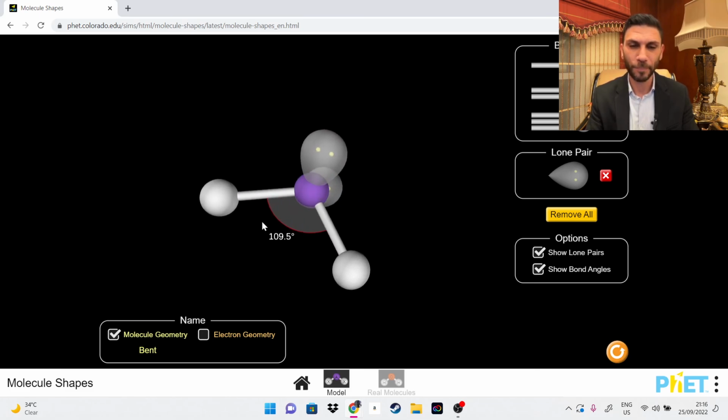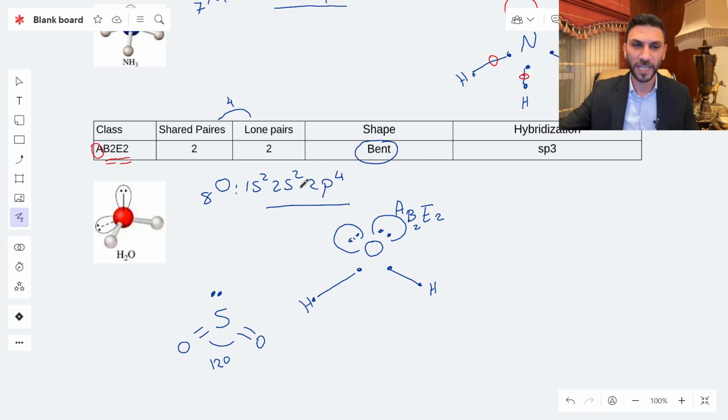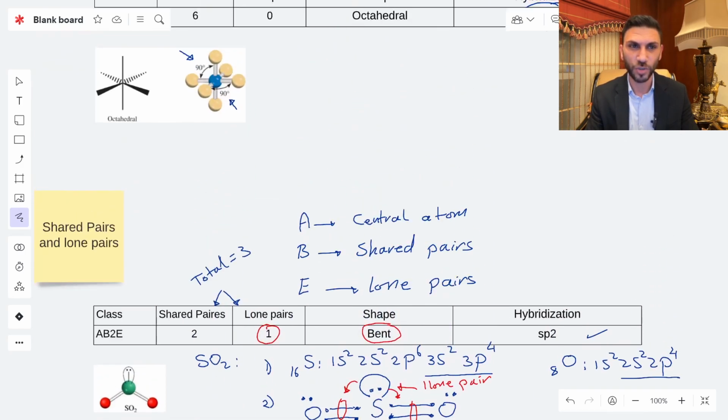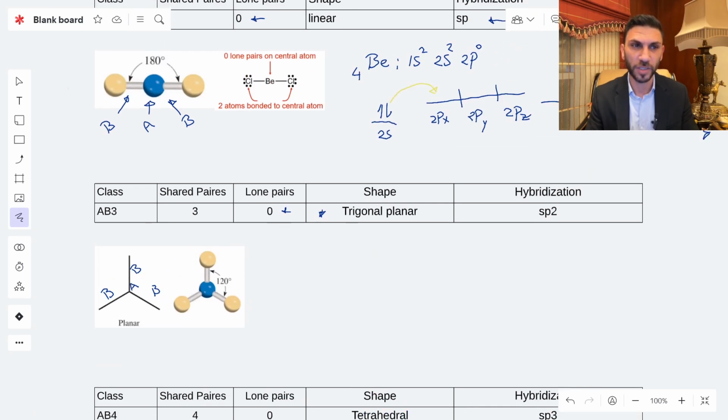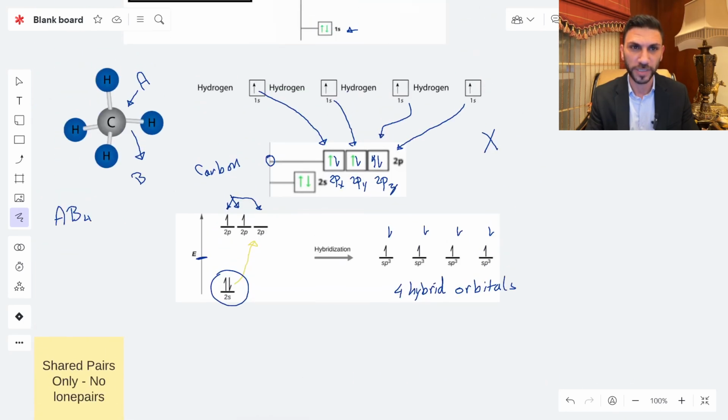See? So the angle between these shared pairs is 109.5. I will make, guys, a summary for this lesson later on to put all those classes in one table. It's better for revision and more understanding.